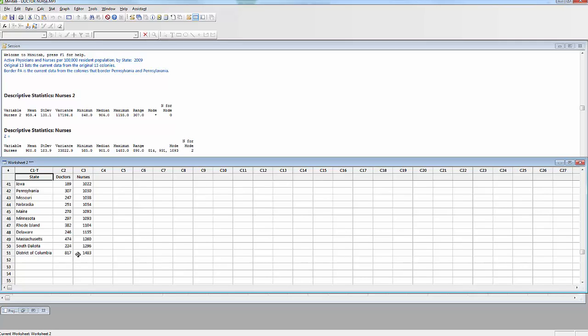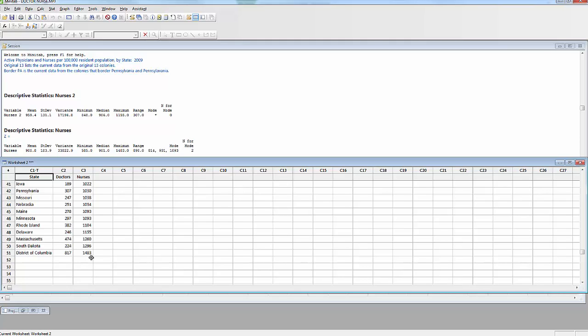And we had calculated that anything above 1,268.6 would be an unusual value. So when I look here, Massachusetts, that's still a usual value. But South Dakota, that is above our maximum usual value, and District of Columbia, the one we had done before, is an unusual value.